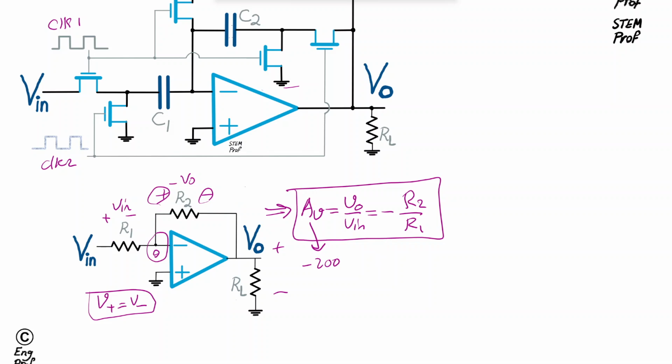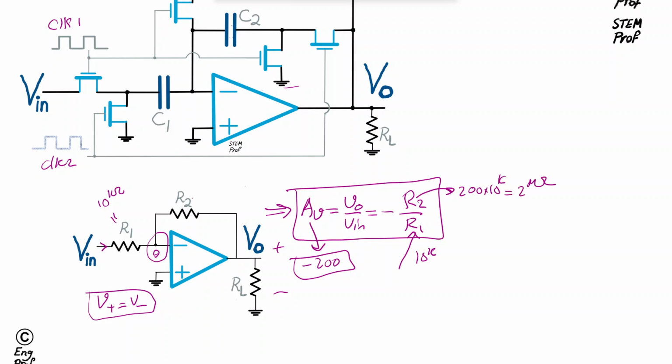Let's say that because you would like to have minimal input current taken from the input source, you would like to have the resistor R1 at 10 kilo ohm, not less. As a result of the target gain of 200, since the denominator R1 is 10K, you would need R2 to be about 200 times 10K, which means an R2 of 2 mega ohm, which is pretty large.